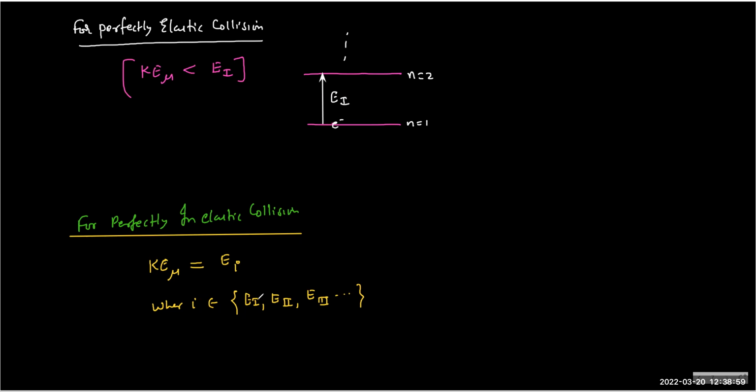The center of mass will move with its own velocity to conserve the momentum, and the energy in the CM frame will be consumed in excitation. So we can also write it as half the product of masses upon the sum of masses, into initial velocity v squared, equals E_i.